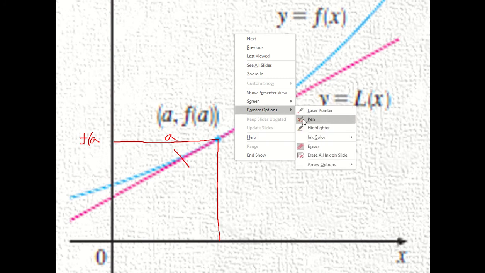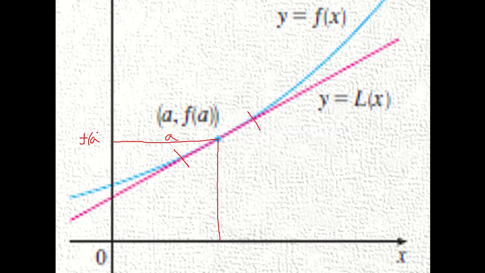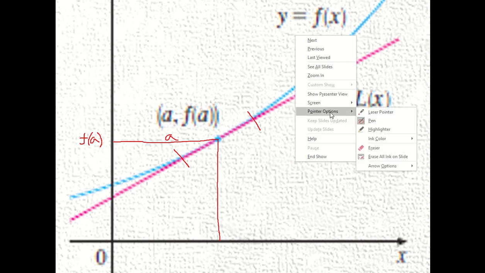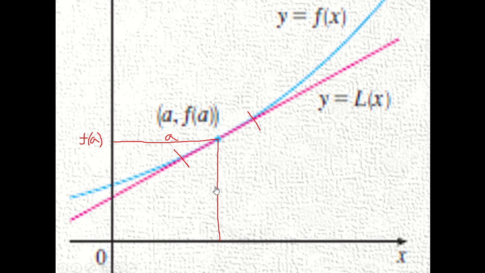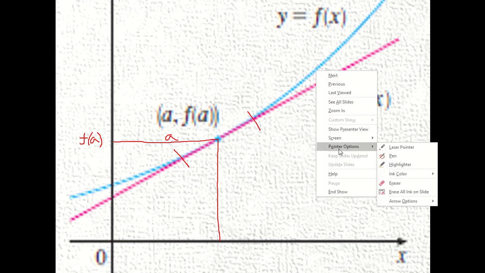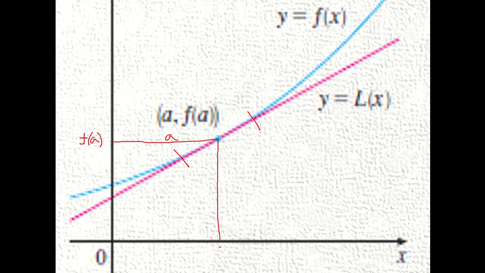All right. So this is the illustration, class, that we can use this concept to find, for example, if you are asked to find the value of the function at this value of x which is closer to a.